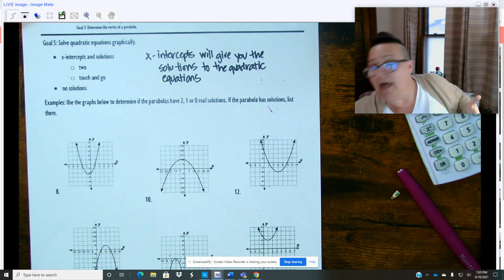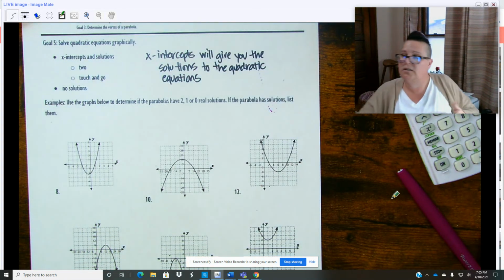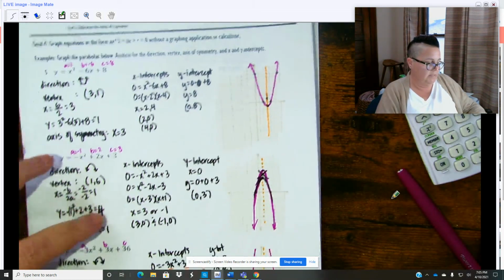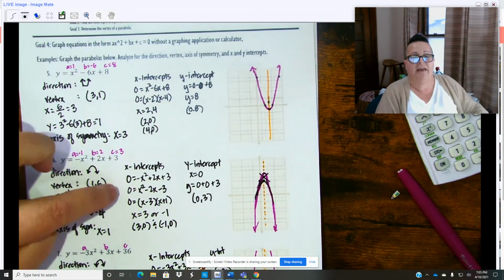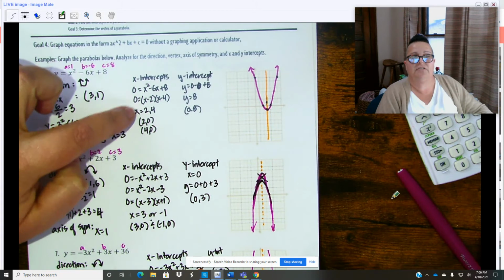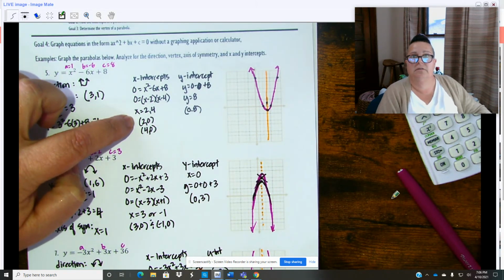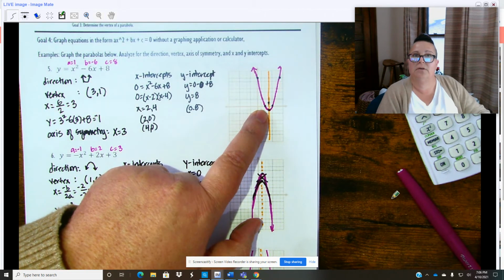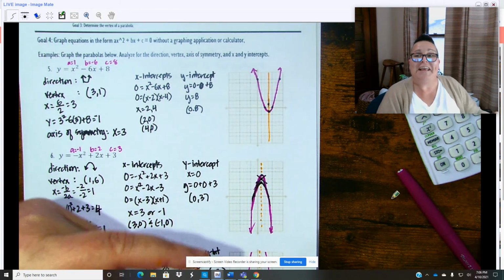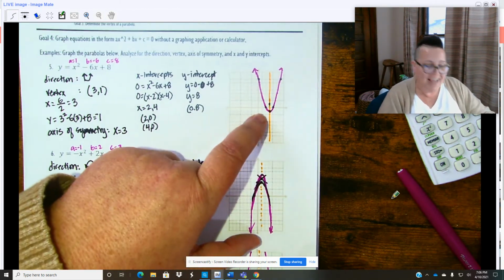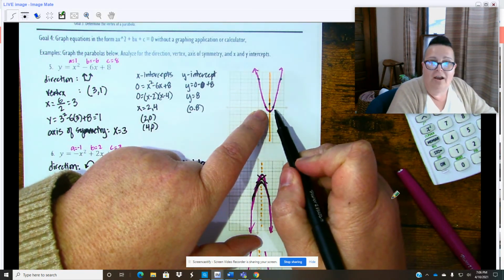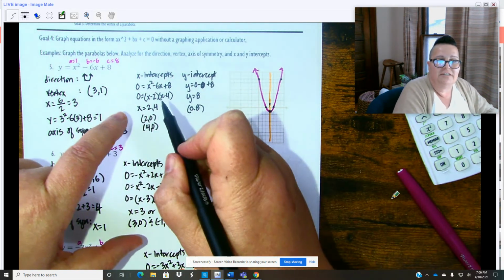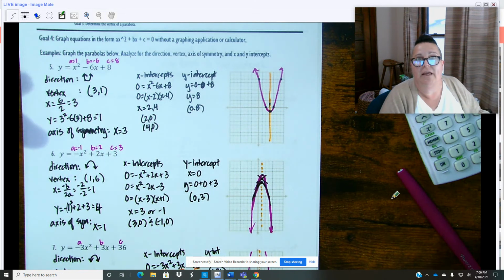Because remember when we solved all of these, we could solve them by factoring. Do you remember that the factors give you the solutions? And then we use those solutions to find the x-intercepts? So if you have the actual picture and you know where the x-intercepts are, they can give you the factors, which are the solutions anyway.